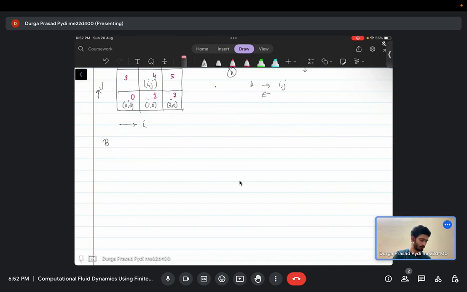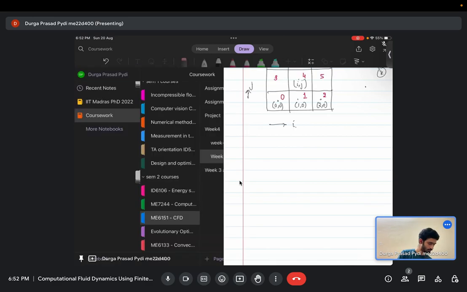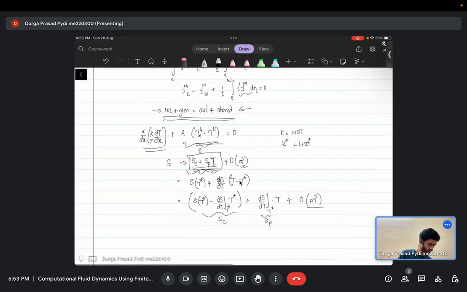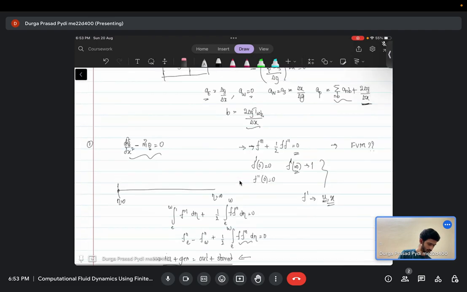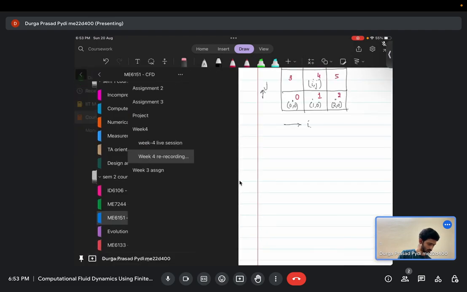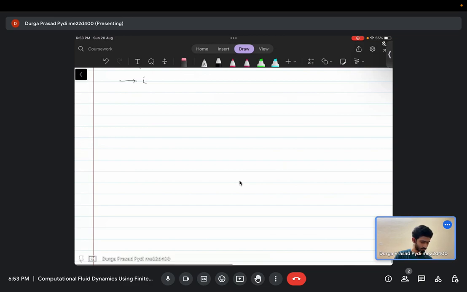You use the finite volume method essentially when you have conservative equations, something that has to be conserved. The Glacier equation will be something like this, or maybe we'll keep it for the next session. We will discuss this in the next session.